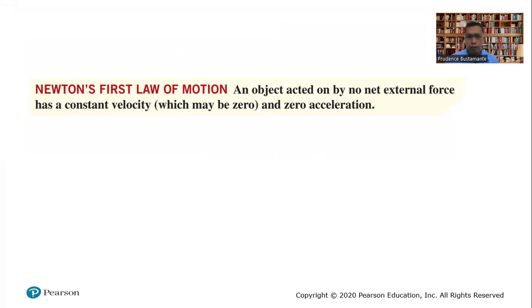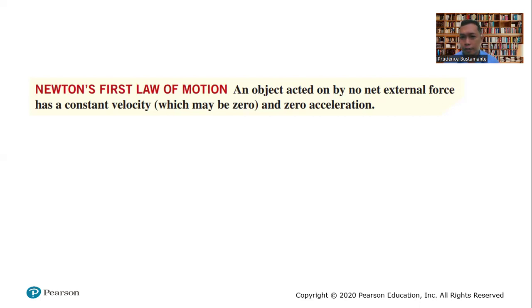So an object acted on by no net force, if the object is at rest, like on a table, it just stays on a surface. Although there is a normal force and also a weight force, if you add them, it is zero.